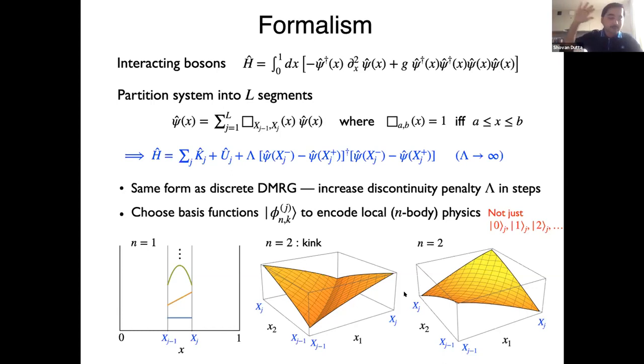And of course, you have to truncate at some point. So these are examples of the basis functions. You will notice that there's a kink in the 2-body basis function here. And that's because we know that this contact type of interaction will give rise to that kink whenever 2 particles come to the same place. And so we have specifically chosen basis functions which have that kink built in. So this is a way to optimize basis functions to efficiently find the ground state.